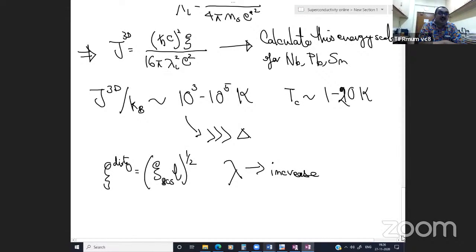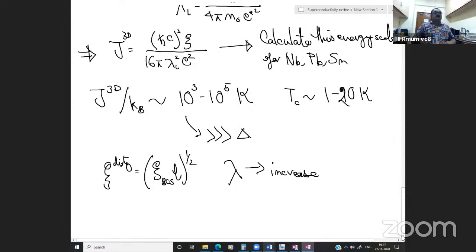So with an increase in disorder, if you put in point disorder, if you increase scattering of electrons, then the coherence length comes down and the penetration depth increases. And therefore, in disordered superconductors, J can come down drastically, so much that it becomes smaller than delta.